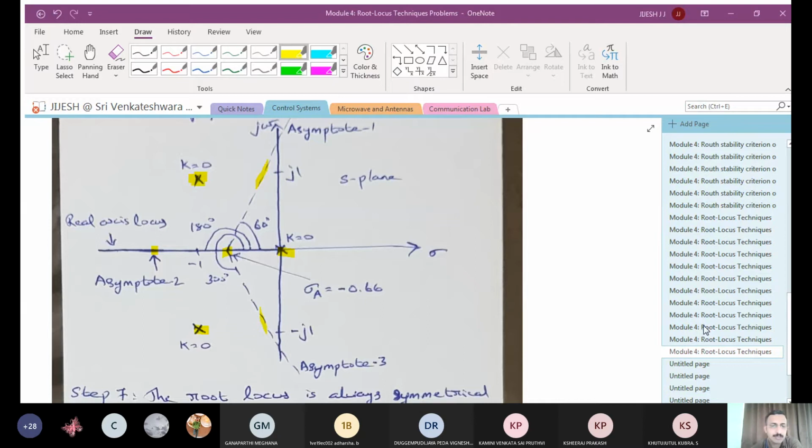So simplify that equation, 3s square plus 4s plus 2 is equal to 0.